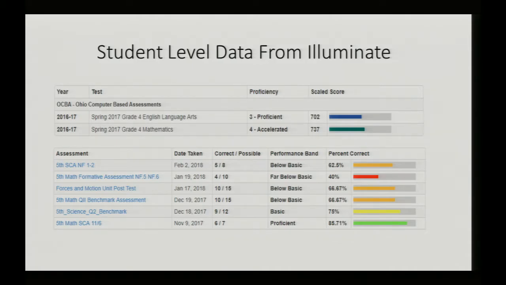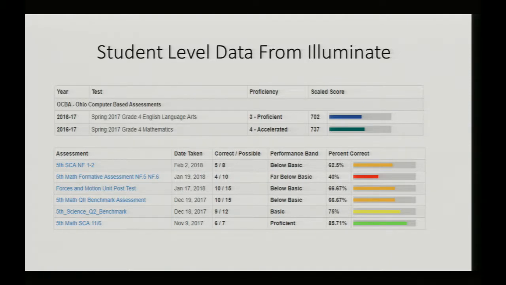Yep, so the dark green is exceeding expectations. The light green is like proficient. Trying to think, we've got basic, limited, and then below limited. I don't remember the exact ones. Hold on.